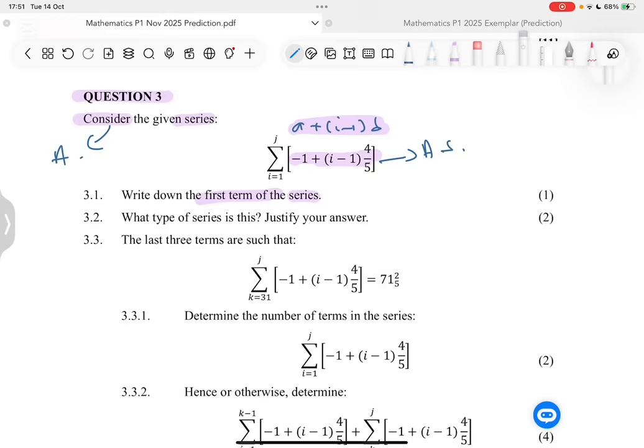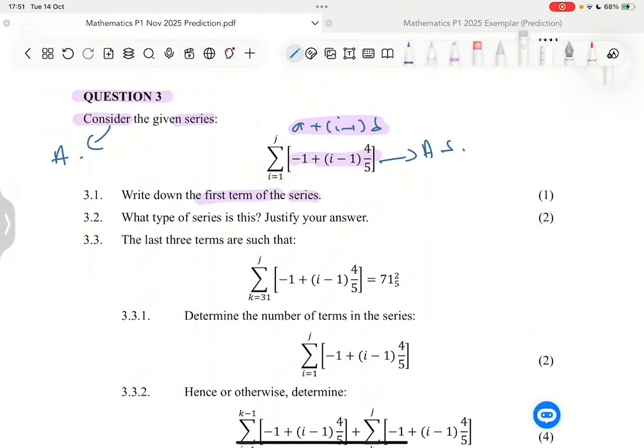Now, there are other ways in which one can solve this. As you know, there's a common saying in mathematics where we say there are many ways of killing a cat. One might want to expand this by putting the 1 here and finding the value of the first term. You will find that will give you -1. And if you put a 2 here, you will get the second term, and so on. You can do it that way if you like.